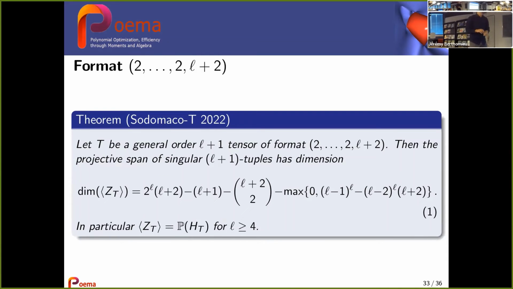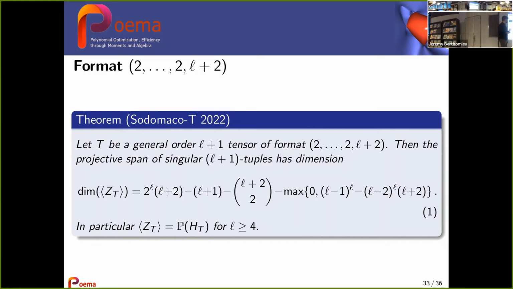And the last case that we looked at was this format: every dimension 2 except the last one, which is L plus 2. Here we have L2. So this is the first case beyond the boundary format for this format. It was really surprising, because we expected there would always be a codimension between the linear span of the singular vector tuples and the critical space.